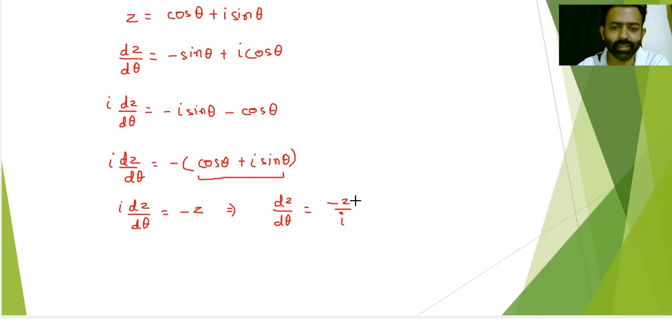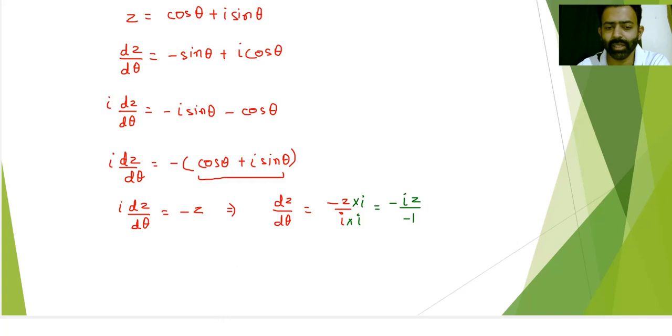Multiplying and dividing this equation by i, because we cannot keep the complex number in the denominator, as we have to write this in the form of a plus ib or r times cos theta plus i sine theta, right? We do not keep the complex number in the denominator. So multiplying by i and dividing by i, this gives me minus i times z over minus 1.